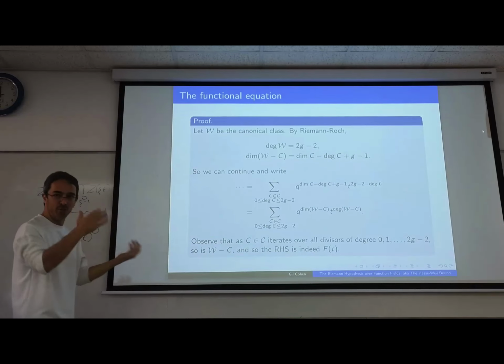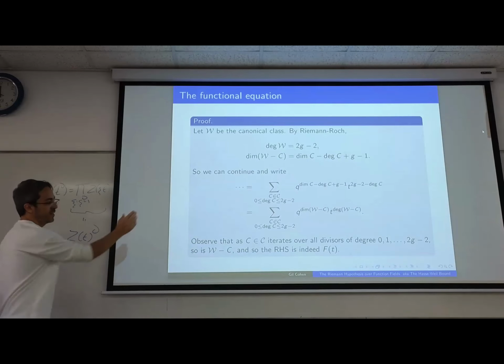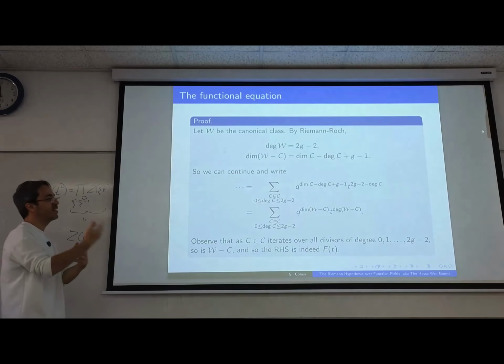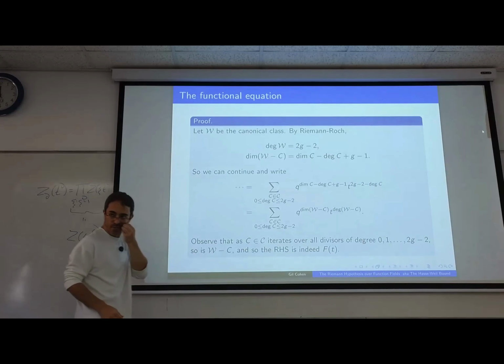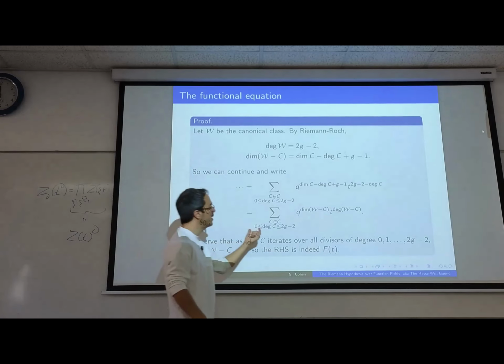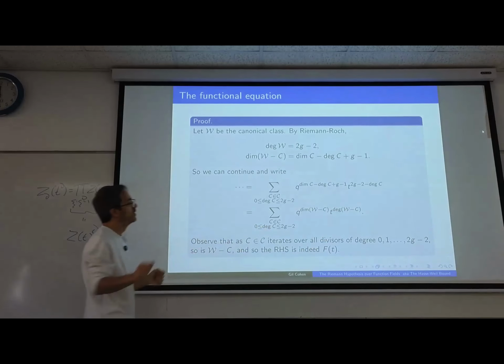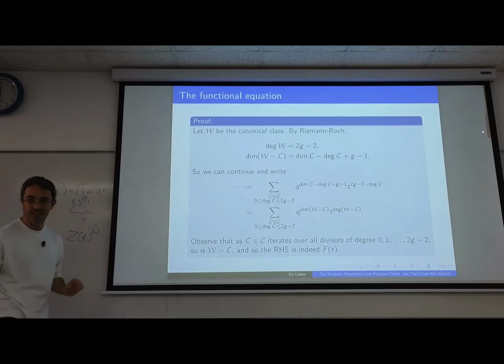It's a bijection, W minus C, from this set of classes to this set, because the degree just flips around by 2G minus 2. So if you have a class with some degree, then that thing will have degree 2G minus 2 minus that. So you're just counting backwards. So this is F of T, again.